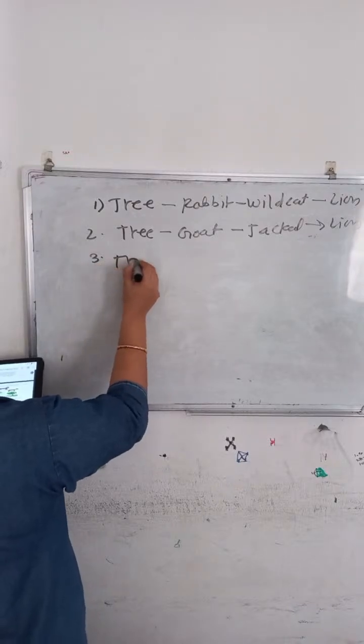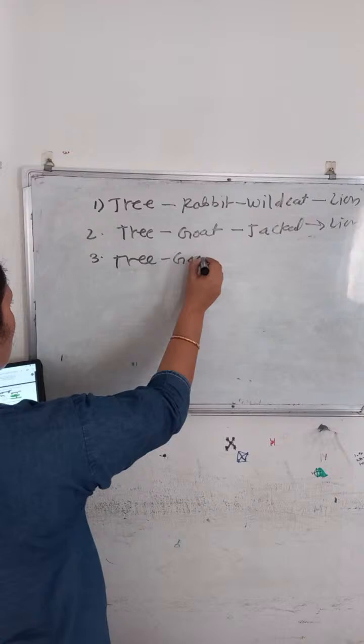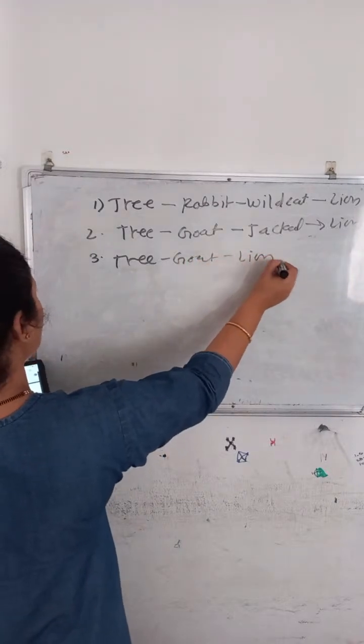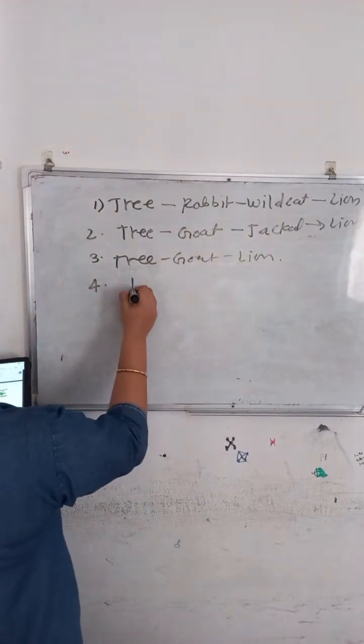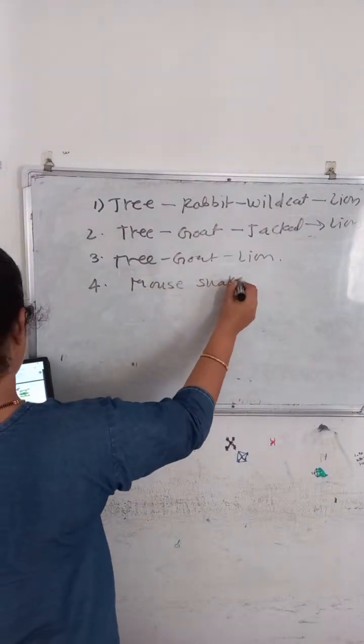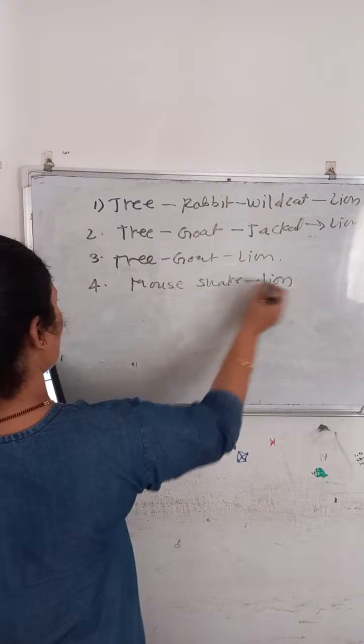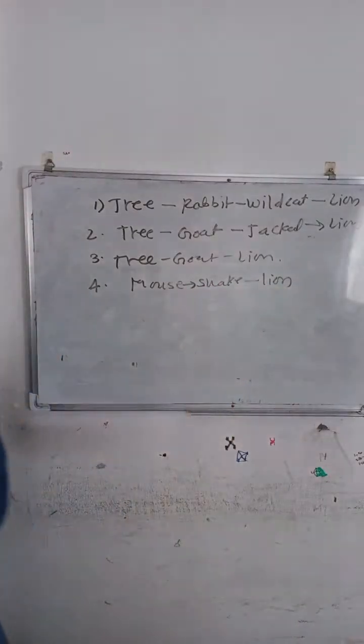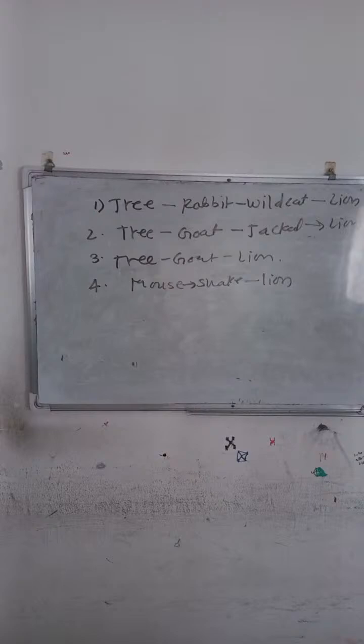Third, tree, goat, lion. Fourth, mouse, snake and lion. Who provides the maximum energy to the lion here?